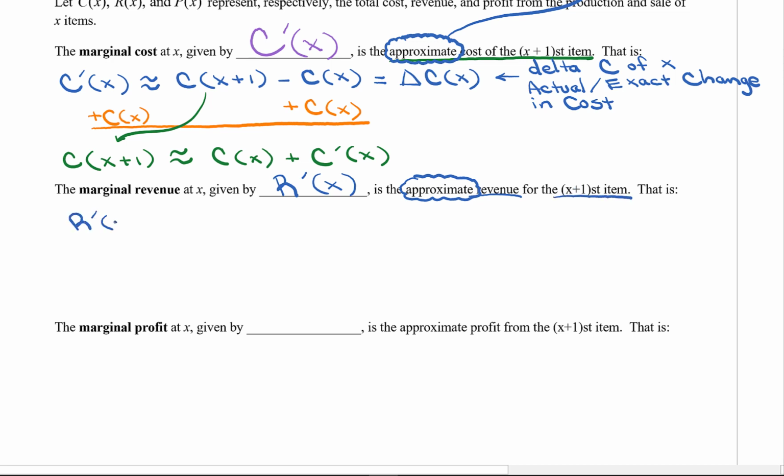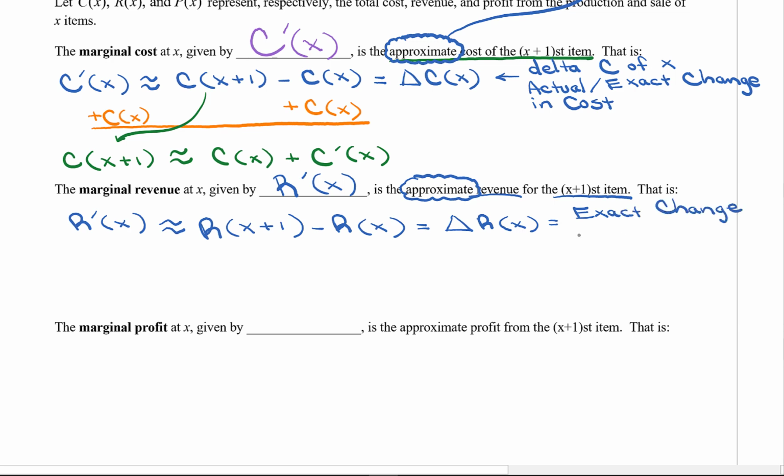That is, r prime of x is going to be approximately equal to r of x plus 1 minus r of x. Now this, if I wanted to call this an exact amount, I could refer to this as delta r of x. And once again, that just represents the exact change in revenue.